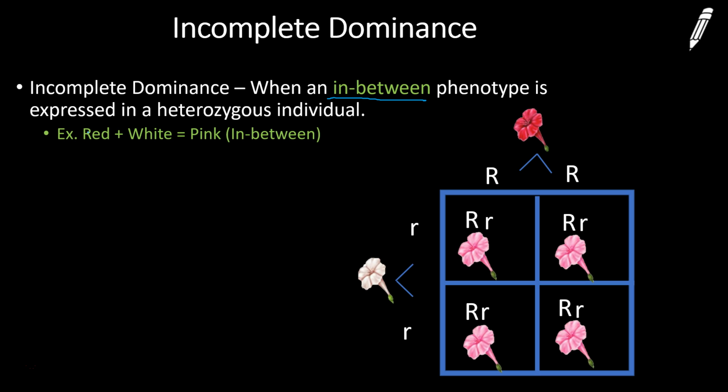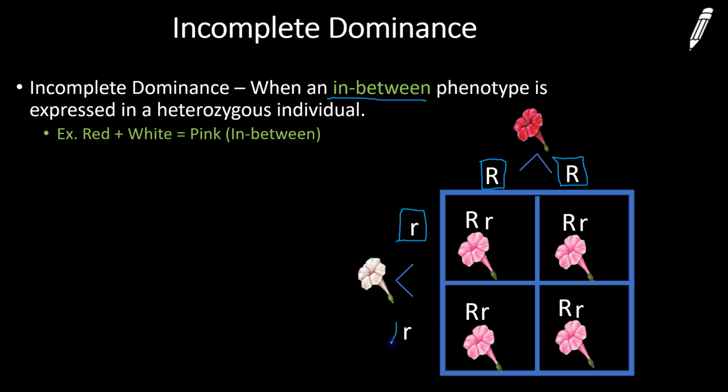Now, why does this occur? Well, in the red flowers, DNA codes for proteins, and in the red flower, this codes for a protein that makes a red pigment. This flower happens to have 2 copies of that. If I look at the white flower, the gene to code for that red pigment is broken. It's damaged.